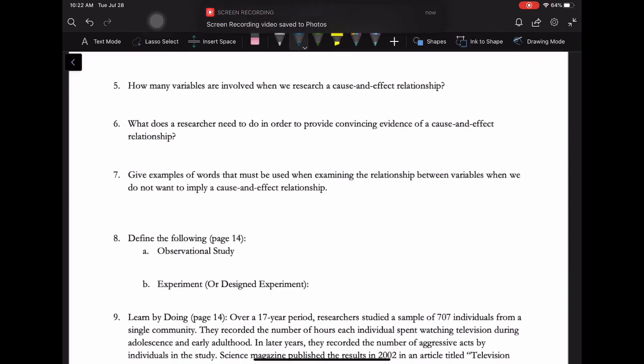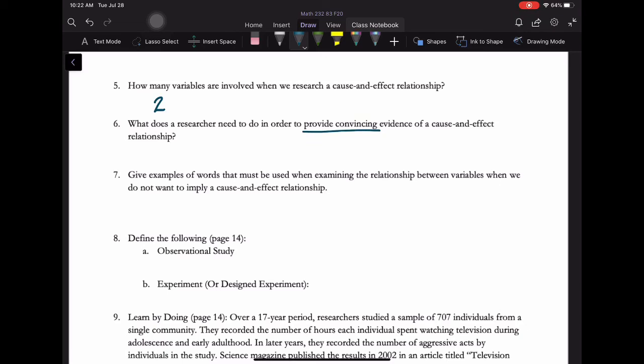You're wondering maybe whether the speed of a car causes your gasoline mileage to go down or up. So I've got speed and I've got my gasoline usage. That's two variables that go together. So when we're talking about variables with cause and effect, you're wondering if one causes another. Now, what does a researcher need to do in order to provide convincing evidence of a cause and effect?